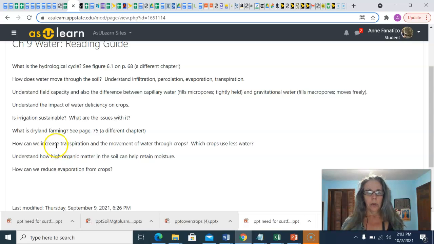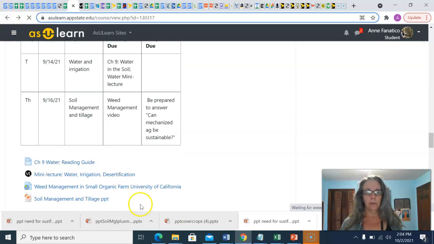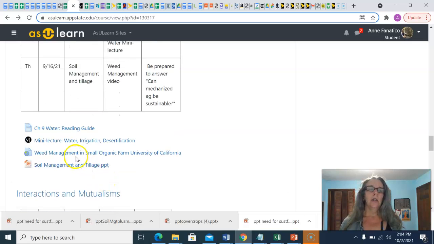So we looked at ways to make sure that water moves through crops instead of evaporating from the surface of the soil. And some crops actually use less water, like sorghum as an example, compared to corn. But having high organic matter in your soil will also help retain moisture. So these are some of the things that we looked at, and the mini lecture covers, so be sure to review that.